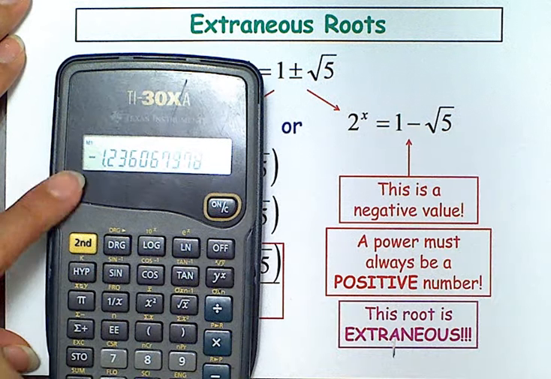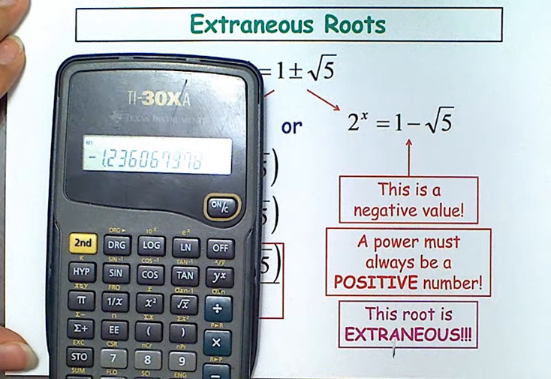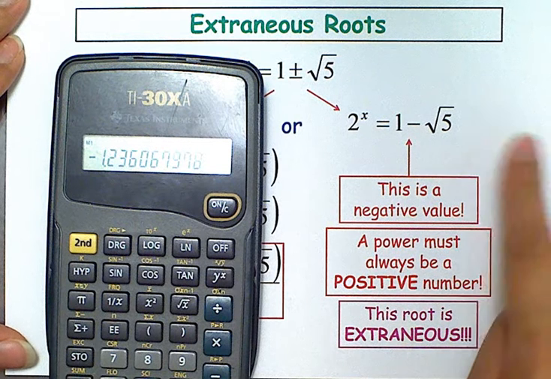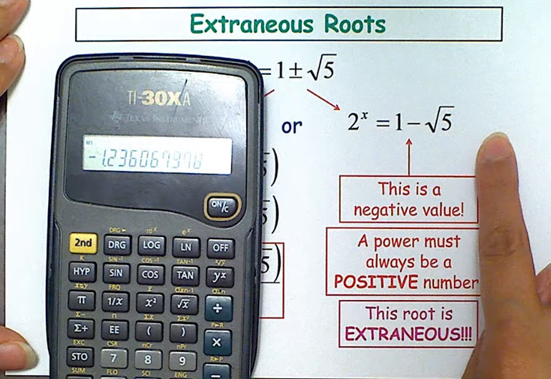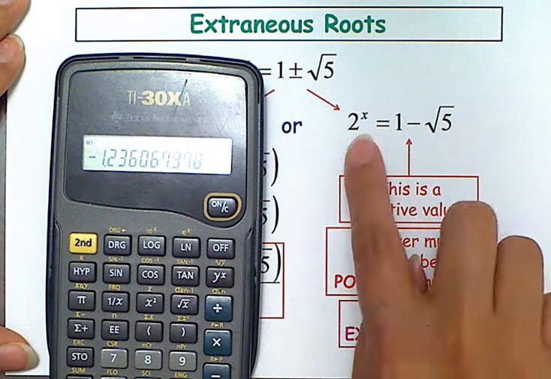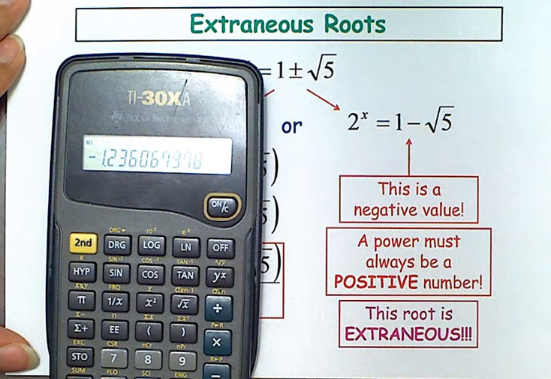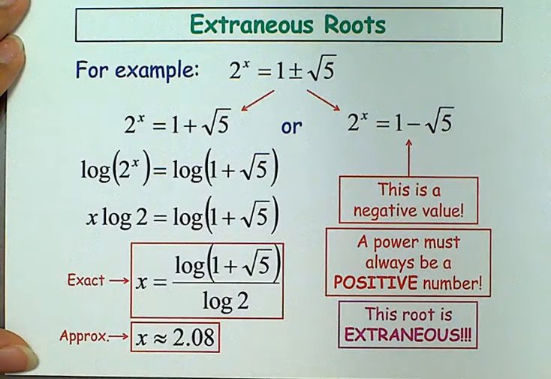And we also know that a power must always be a positive number. And so what ends up happening is you get an extraneous root. So this answer here does not make any sense based on the original problem. And the original problem is that you're solving an exponential function, and you can't have a negative result when you're looking at an exponential function.